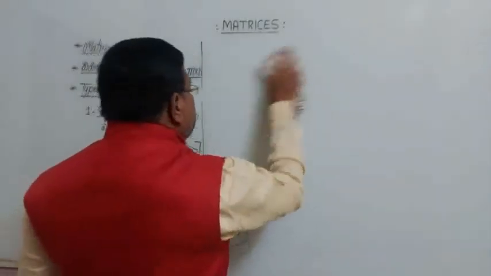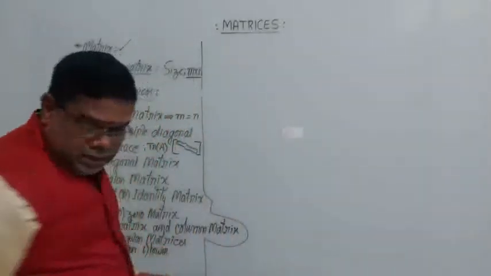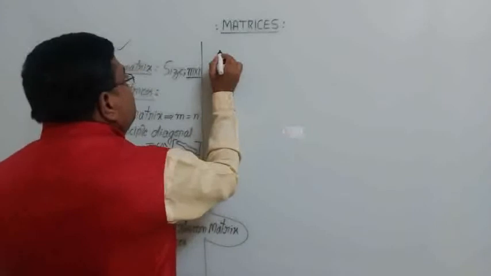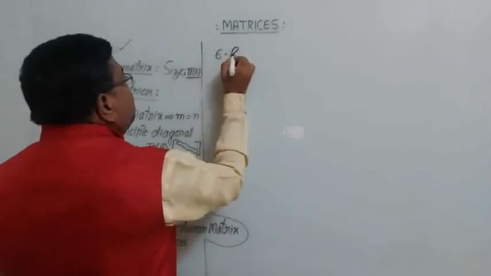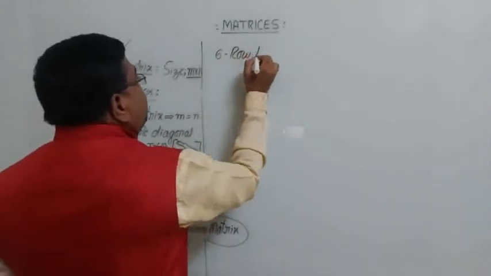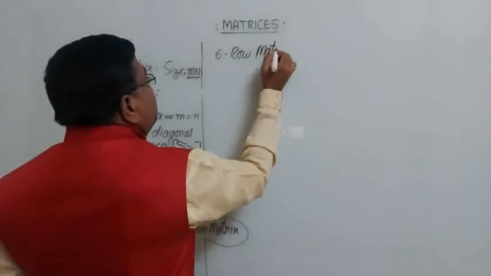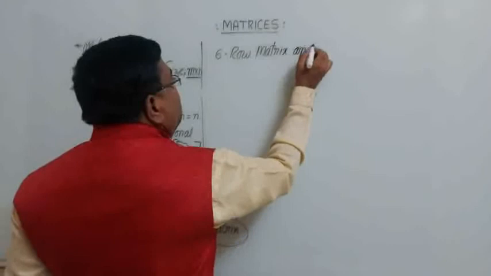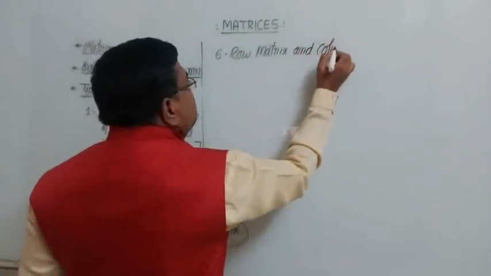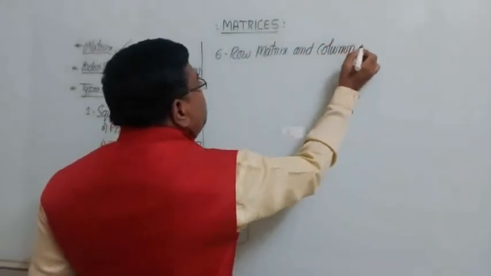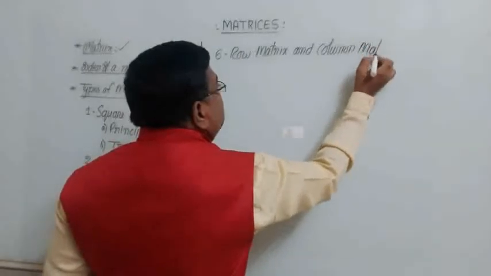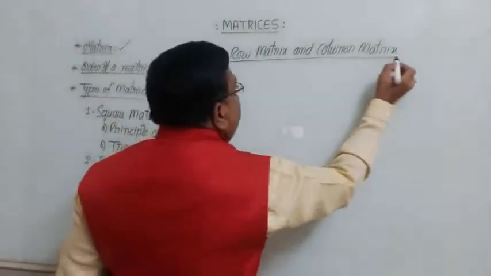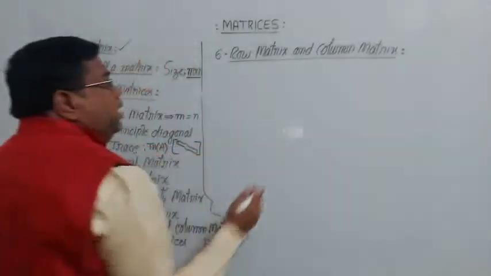See here what is meant by row matrix and column matrix.